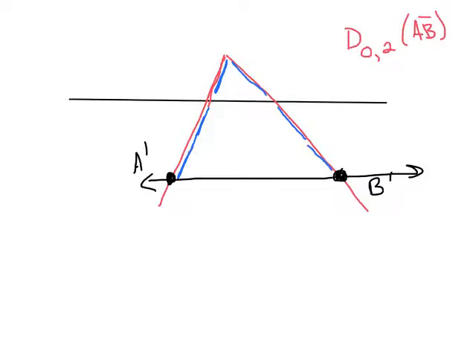And if the center of dilation is not on the line itself, then you obtain a line parallel to the original. The distance between A prime, B prime is going to be double the distance between AB. So A prime, B prime is going to be twice the distance of AB. And everything is going to have the same proportion.